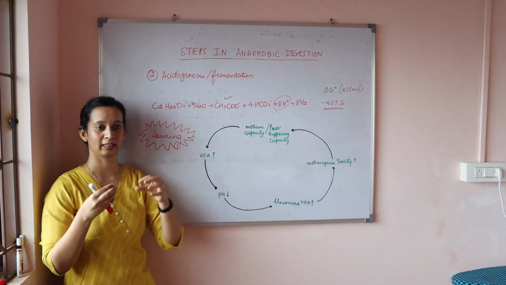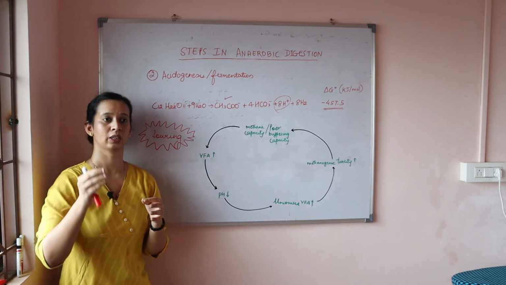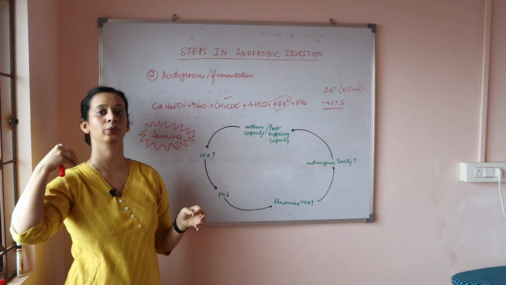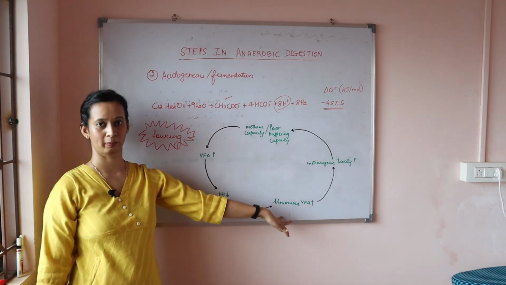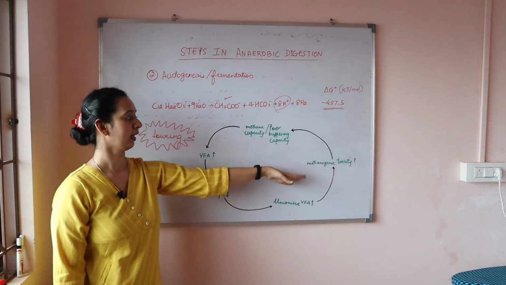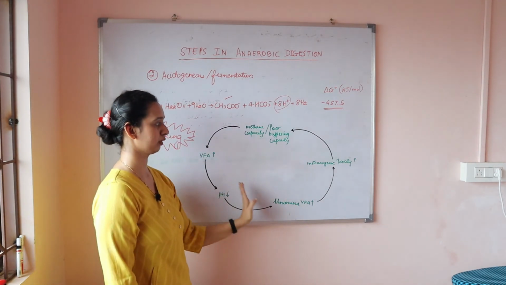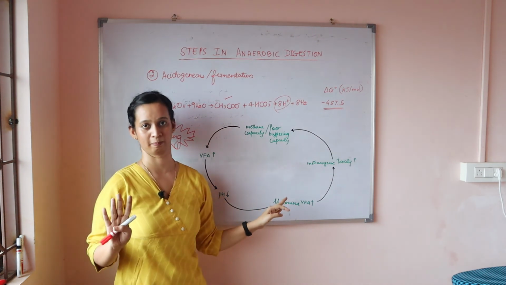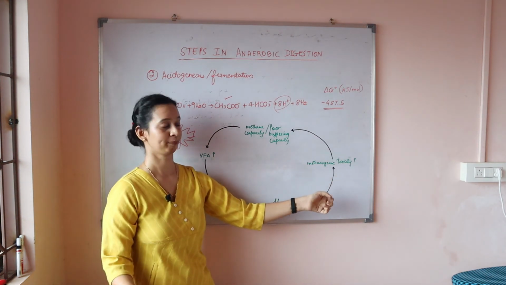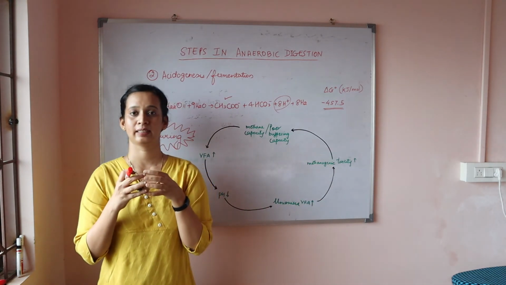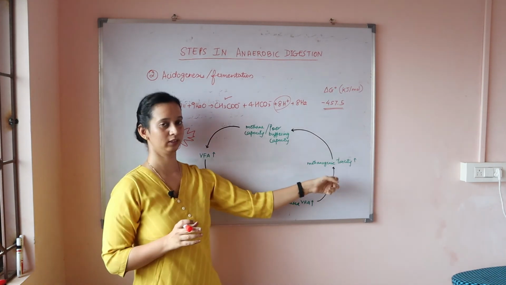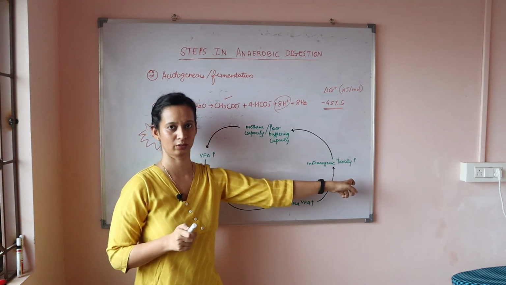Then the volatile fatty acids which need to get converted into acetate will not be, because of overloading and toxicity. The whole effect would be on the final step, which we will be discussing later, that is methanogenesis. Methanogens are very sensitive, so all this toxicity will in turn affect them.